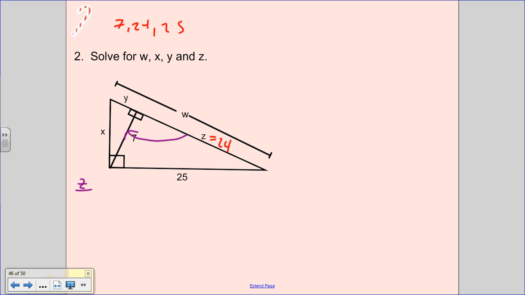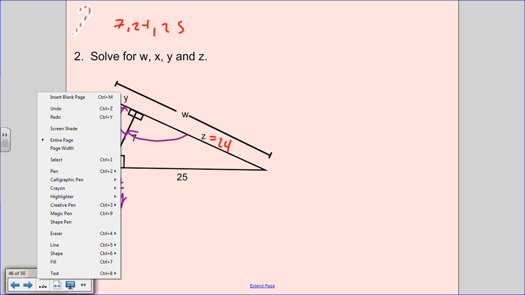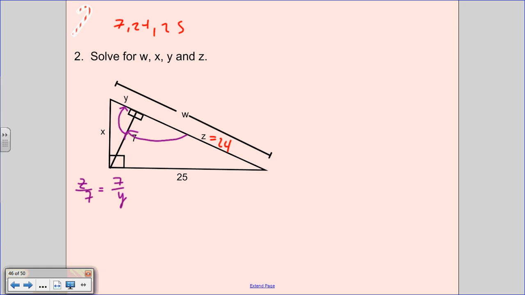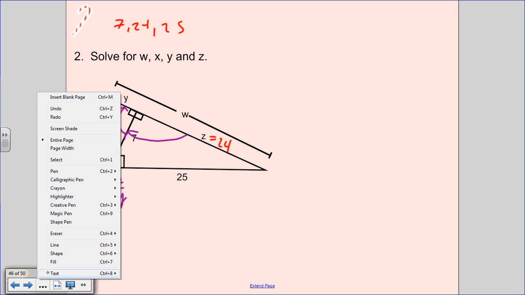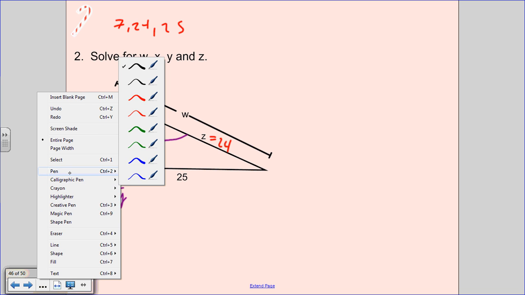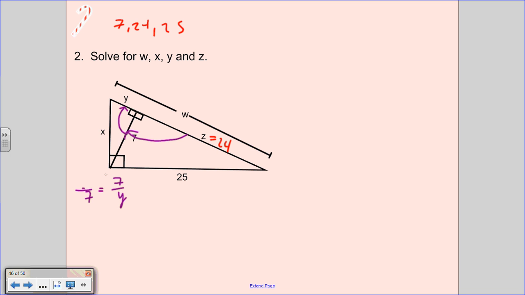So z is to 7 is equal to, and then from 7 to the other part, y. 7 is to y. And I didn't mean to put z, I meant to put what it stood for, which is 24. Because it's not helpful if we don't have only one variable. If it has two variables, it's going to be difficult.